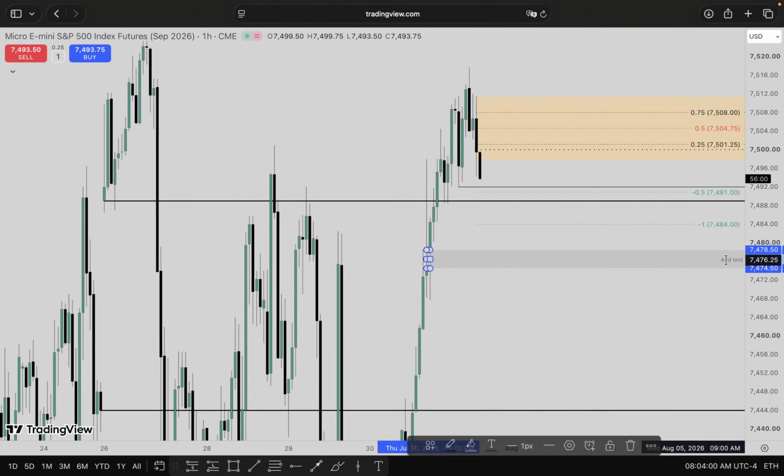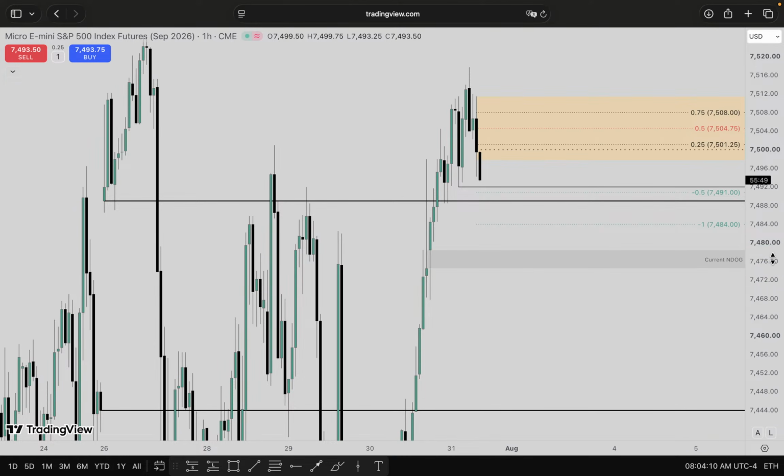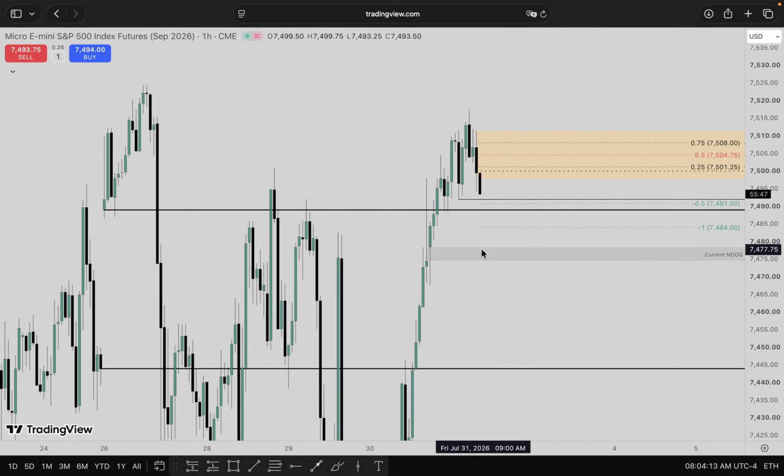I'm gonna leave it there. Day opening gap. So we could get a momentum down all the way to here if we overextend these negative standard deviations.